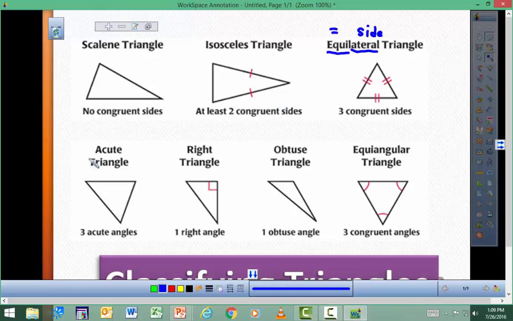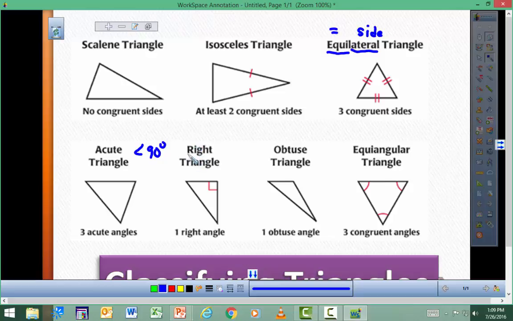That's also by their angles. If none of the angles are bigger than 90, this is less than 90 degrees, we say that the triangle is acute. If they have an angle that's exactly 90, that all of a sudden becomes a special triangle. That's probably the most abundant one in our society.